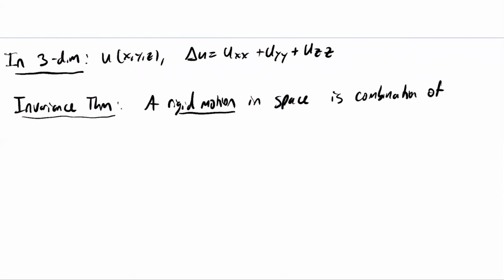For example, you can translate your coordinates or rotate your coordinates. And so the theorem says that in the same way as in the two-dimensional case, the Laplacian is invariant with respect to rigid motions.